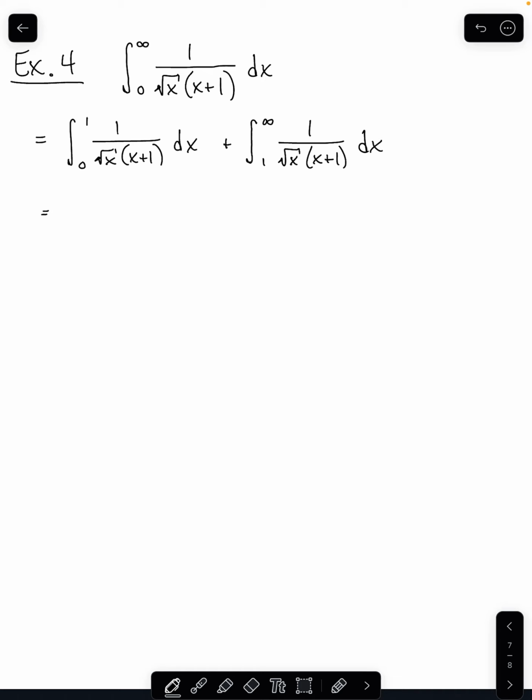Each of these will, of course, need to have its limit of integration that is causing the problem replaced by a variable. But once again, we are fortunate enough that in splitting this integral into two pieces, we do have the same integrand.